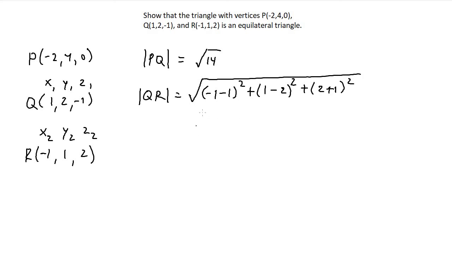So then we get the square root of -2 squared, or 4, plus -1 squared, which is 1, and then plus 3 squared, 9, which is also going to give us the square root of 14 as the distance between the points Q and R.